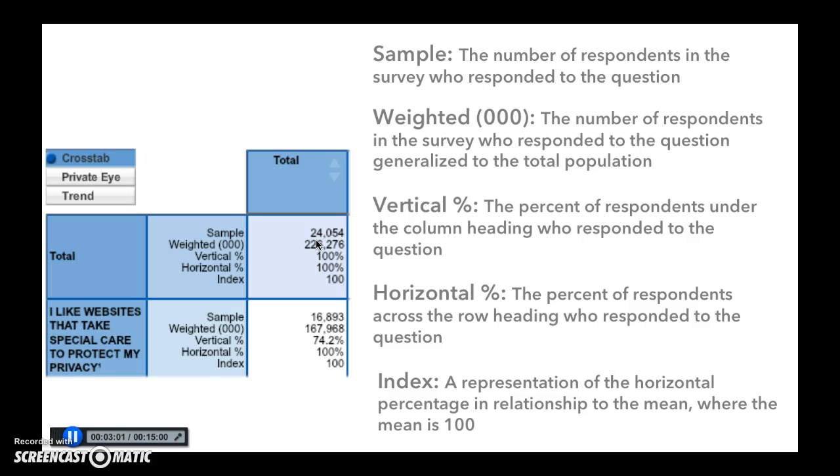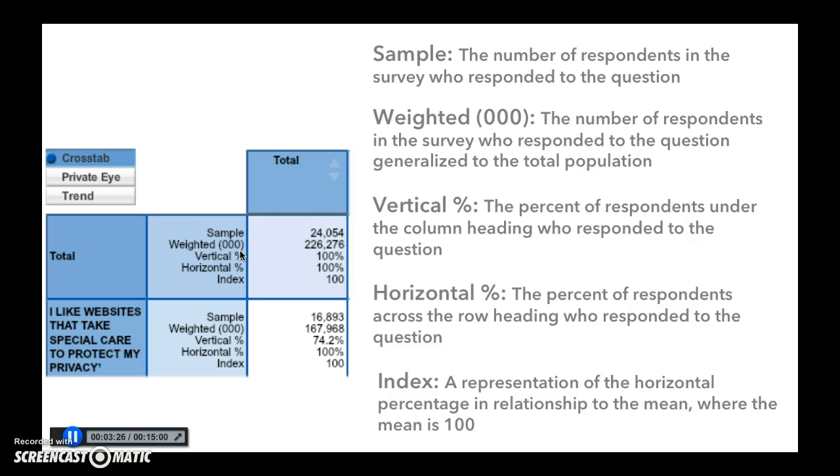These people are carefully selected to be representative of the total U.S. population. In doing so, we are able to generalize from these 24,054 respondents to the total U.S. population, which is represented here as 226,276,000 people. One thing to note and be very careful of, the 3 zeros that you see here next to the weighted in the parentheses.